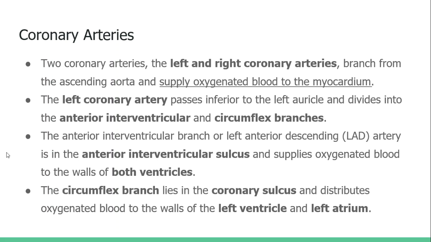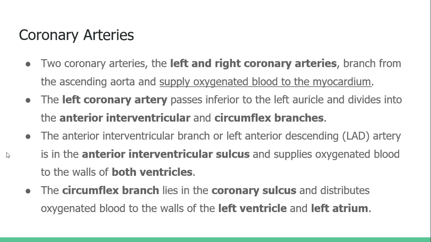Coronary arteries. Two coronary arteries, the left and the right coronary arteries, branch from the ascending aorta and supply oxygenated blood to the myocardium. The left coronary artery passes inferior to the left auricle and divides into the anterior interventricular and circumflex branches.